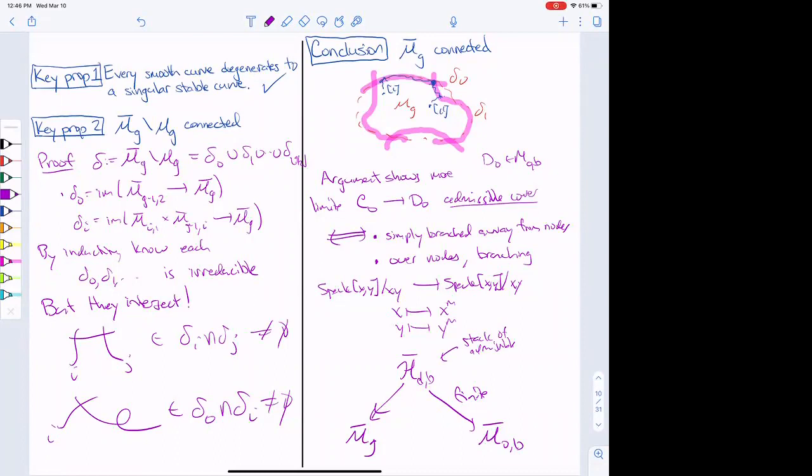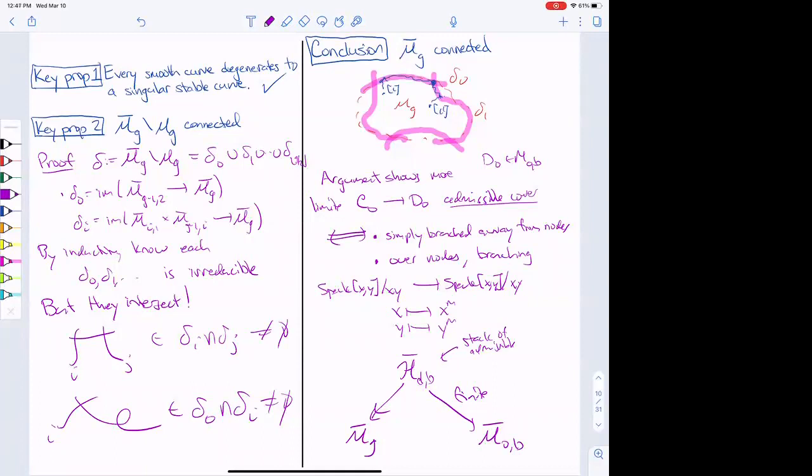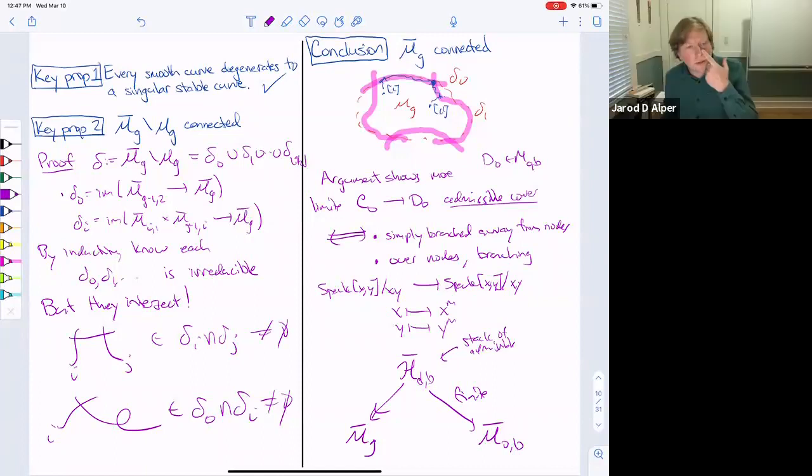So I have a question. Given two curves, if I want the base to be irreducible, can I find a family in which the base is irreducible and containing the two given curves? You showed that I can find the base if I don't ask it to be irreducible, right? Yeah, that's right.